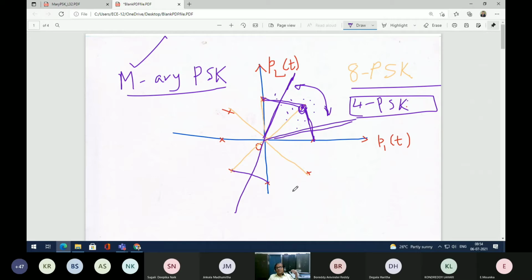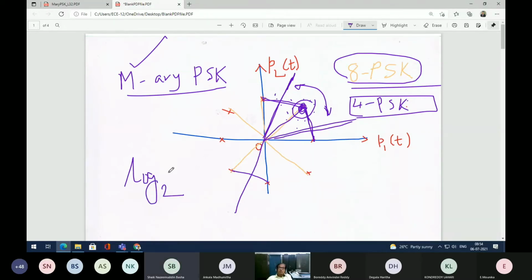because the region is limited to a particular signaling point, but it is bandwidth efficient. 8 PSK means how many bits are there in each symbol? Suppose this is my signaling point corresponding to a particular symbol. This carries how many bits? 3 bits, log M to the base 2.